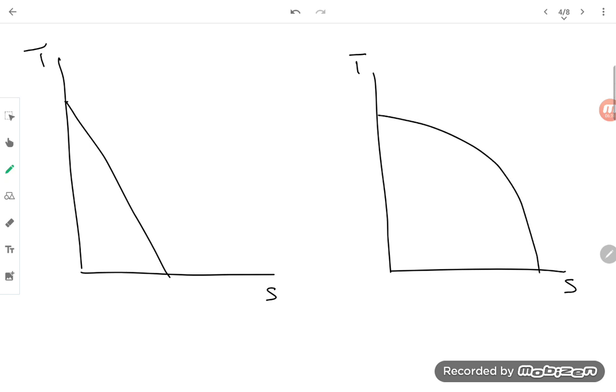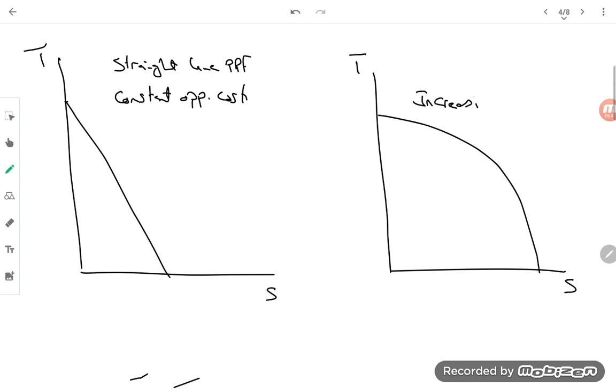This is based on the slope, which is the opportunity cost. If it is constant opportunity cost, then it will be straight line PPF. If it's increasing opportunity cost, then it will be concave PPF.